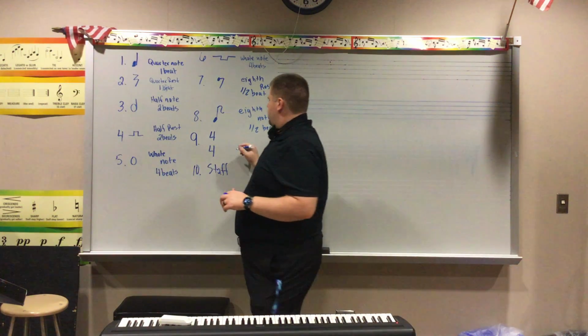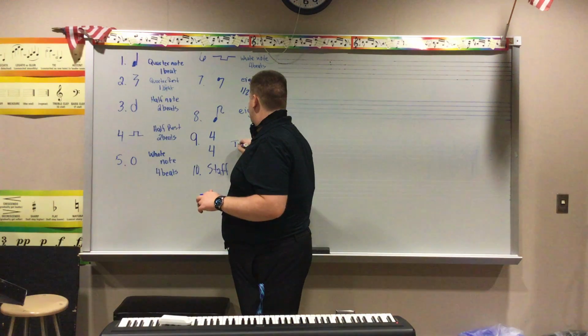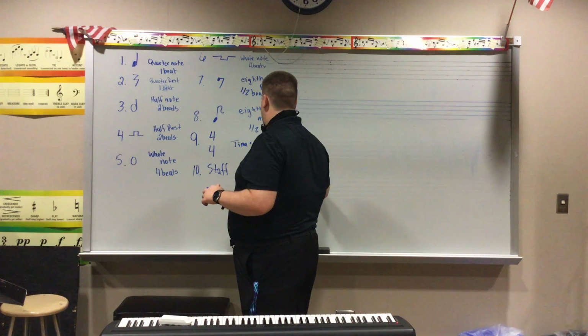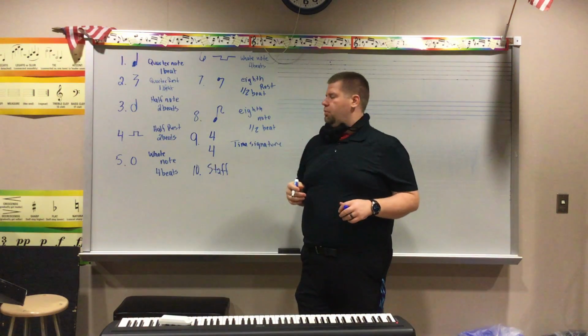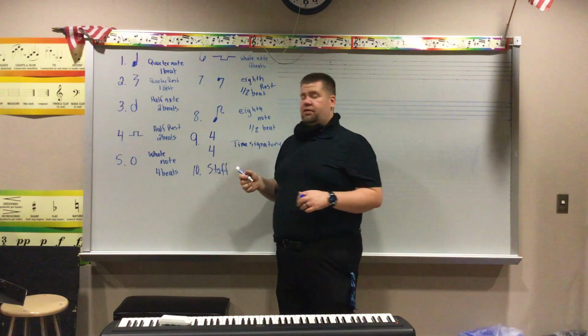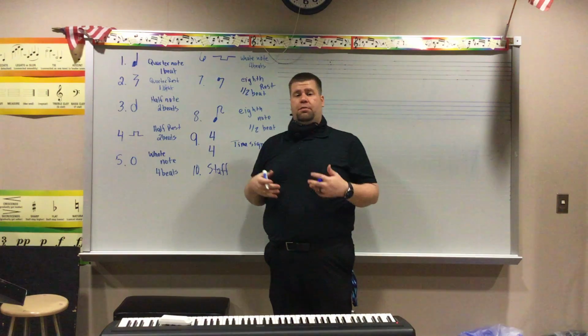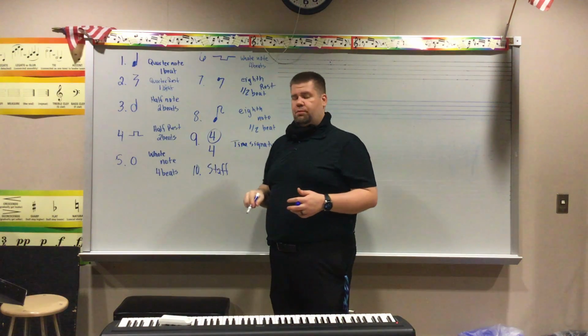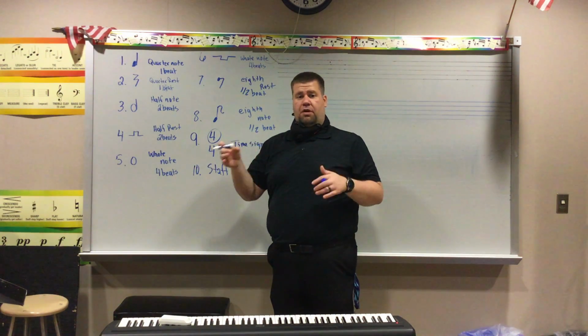Down below here, number 9 is a time signature. We'll get into the time signature a little bit later, but it basically tells me how many beats are going to be in the measure. The top number tells me how many beats are in a measure.